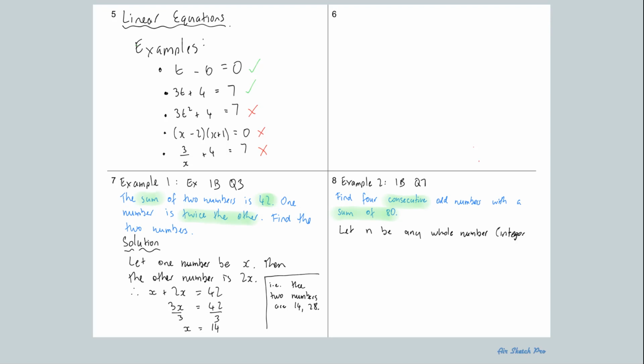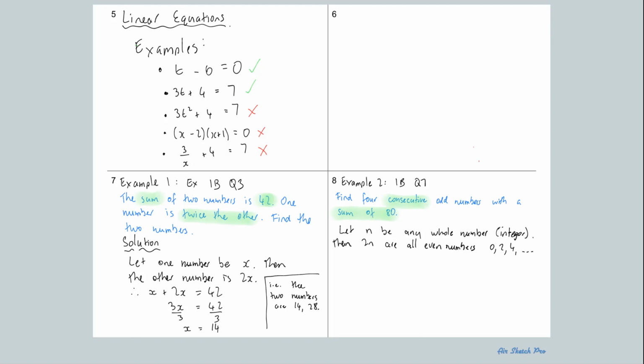You probably know it already. Then 2n are all even numbers. Think about it. If n is 0, we would get 0. If n was 1, 2 times 1 is 2. If n was 2, 2 twos are 4, etc.